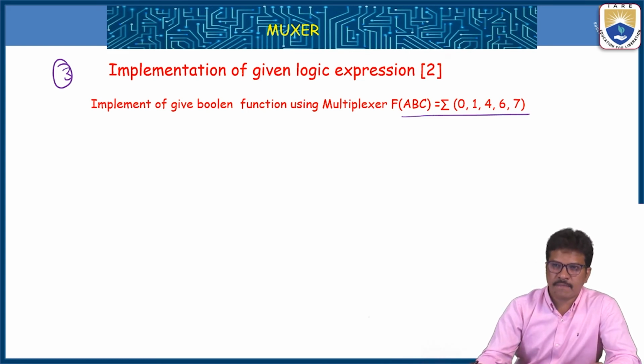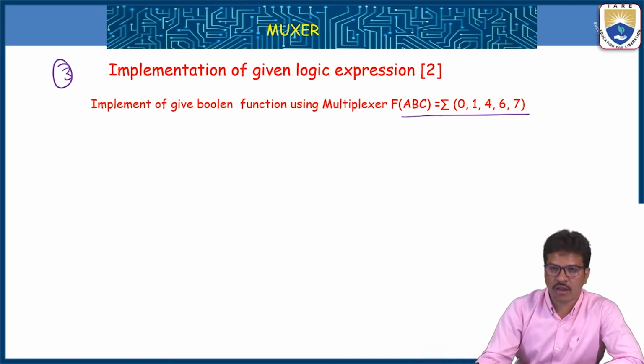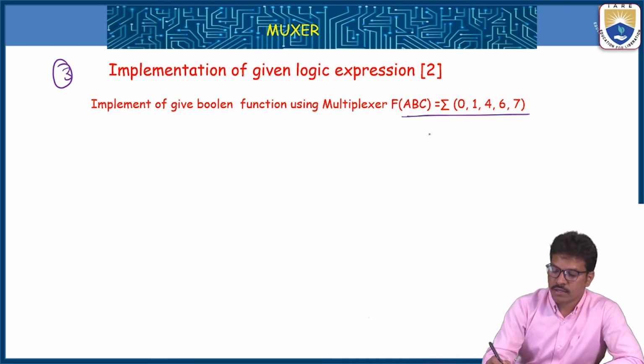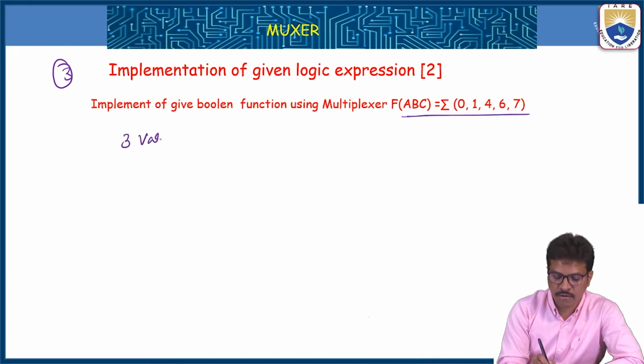Remember to focus on which variables you take as the control signals or select lines. If A, the higher order variable, is the select line, then B and C are the inputs.